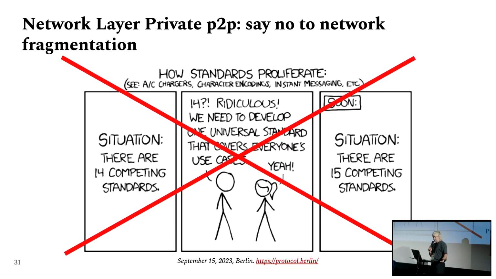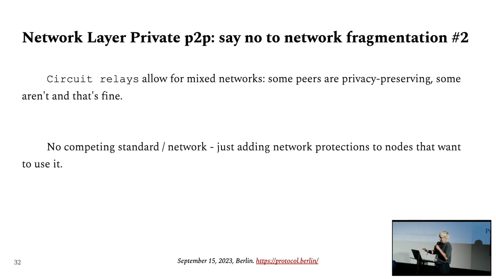Yes, and one of the pros of how we've done this, or one of the pros of libp2p anyway, is that by doing this, you don't fragment the network at all. Because libp2p has this concept of circuit relays, it means that you can have a peer that, maybe it speaks both TCP and Nym, and I as a Nym peer want to speak to the TCP peer.